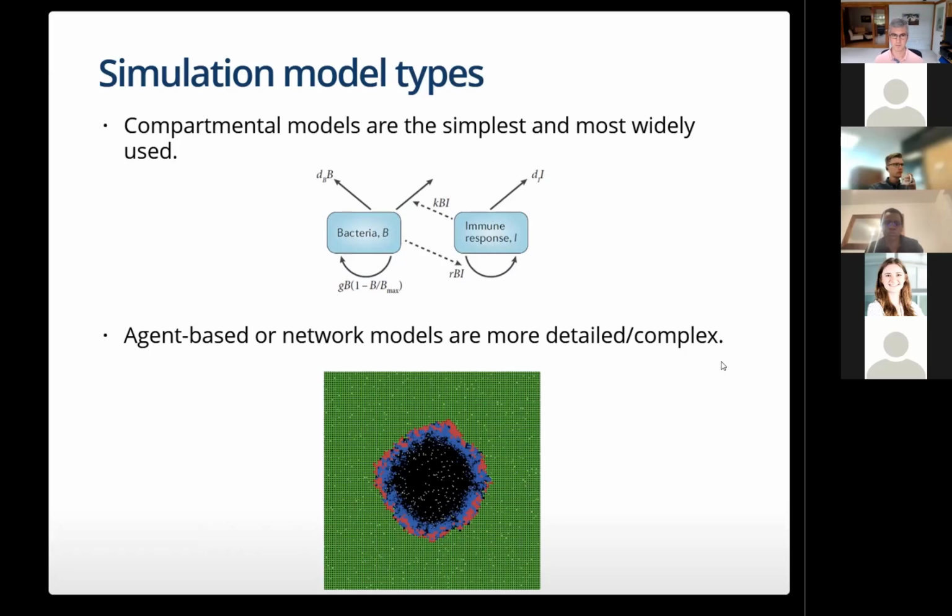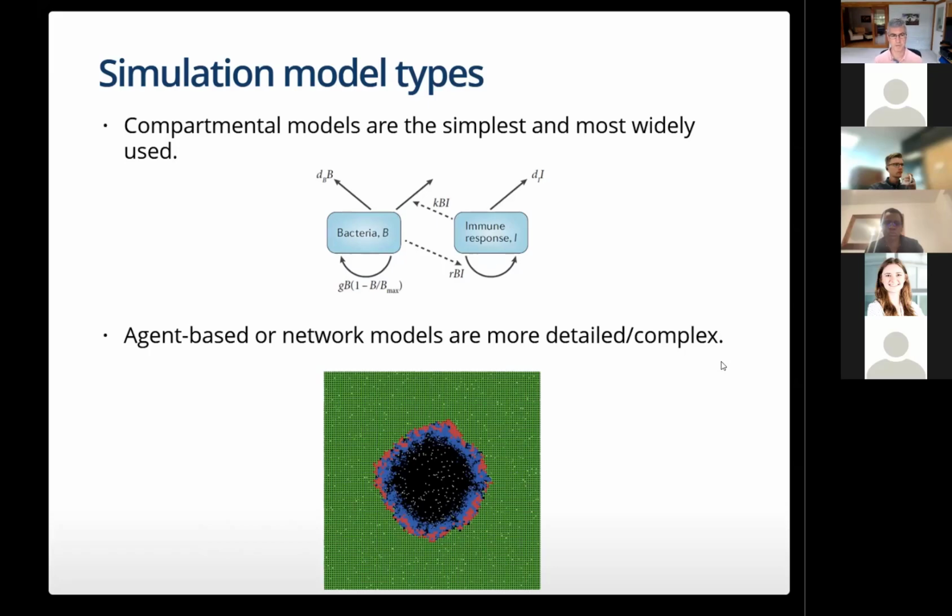You only need to track one variable for all the bacteria in the system. You just keep count of the numbers. It also matches most closely what we usually measure in experiments, right? We just measure the total number of T cells or total IL-10. So they're the most natural type of model to compare to the data we have.